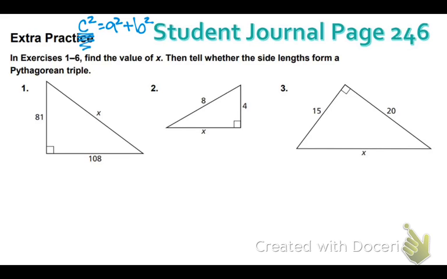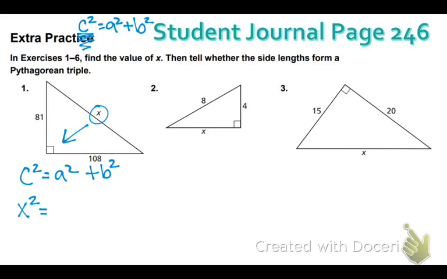So, are we missing in number 1 a leg or hypotenuse? Yes. The hypotenuse, because it's across from the right angle. So that means we're going to plug into the c squared equals a squared plus b squared. So you can continue writing c if you want. I would plug in x, like it says. After that, sides a and b are the 2 legs.